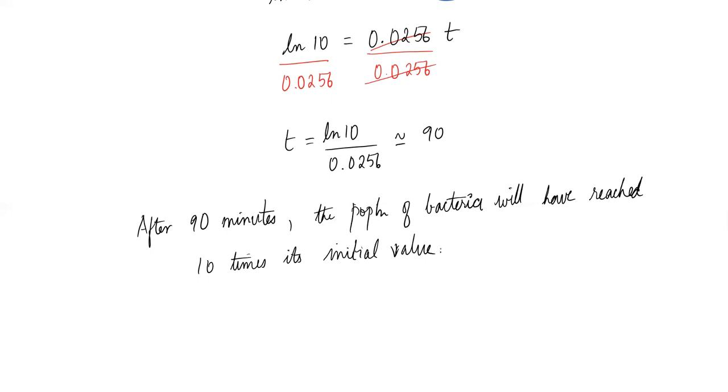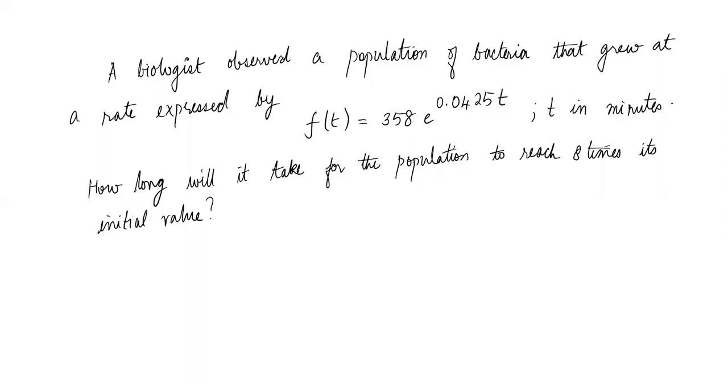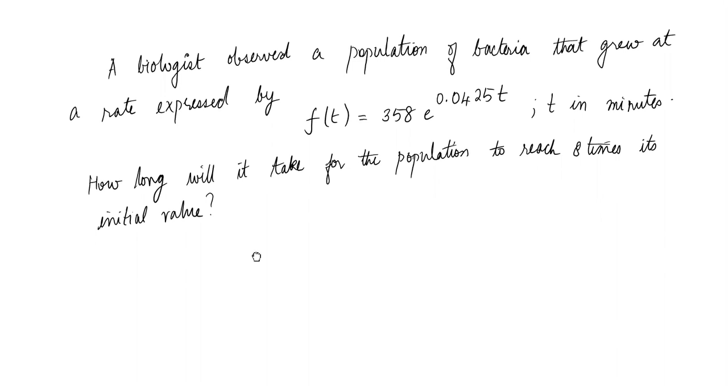Okay. So now let's go to the next problem. A biologist observed a population of bacteria that grew at a rate expressed by this. It's an exponential expression. T is measured in minutes. How long will it take for the population to reach 8 times its initial value? Very, very similar to the previous one.